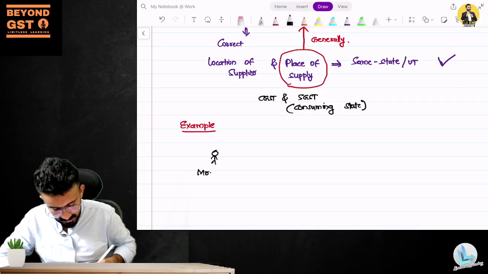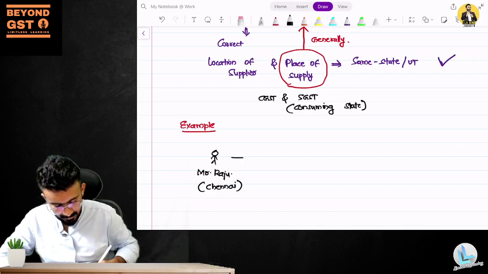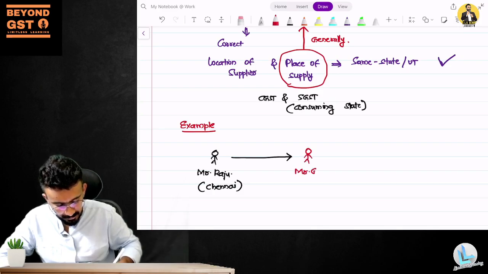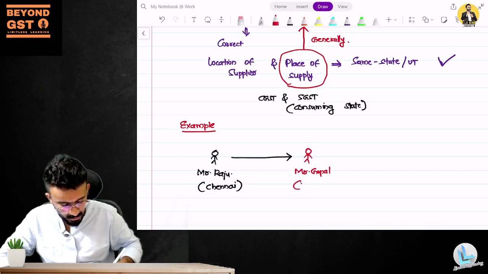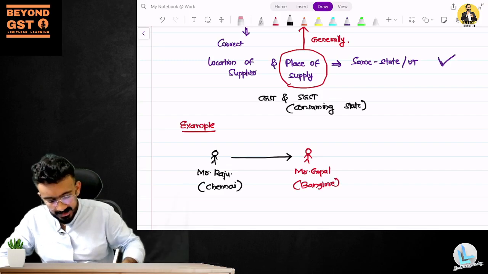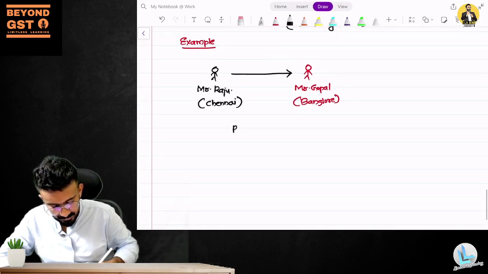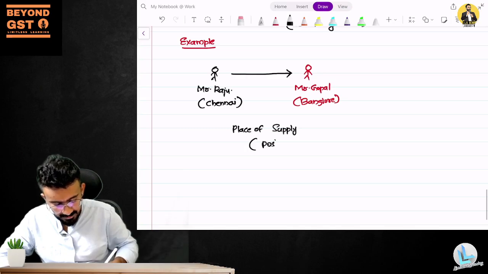Say, Mr. Raju is located in Chennai. He is supplying to Mr. Gopal, who is located in Bangalore. But if you apply the provisions of place of supply, you understand place of supply happened to be Chennai itself.